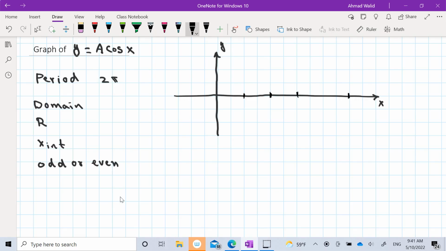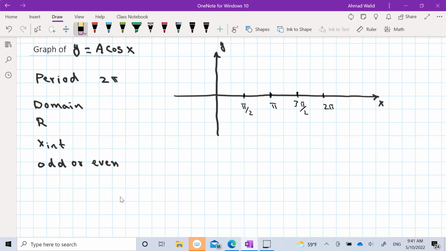If it's 2 pi, you divide 2 pi by 2, and it gives you the center, which is pi. If you divide pi by 2, it gives you pi over 2, which is the first quarter. If you add these two, pi over 2 and pi, it gives you 3 pi over 2, which is your third quarter.